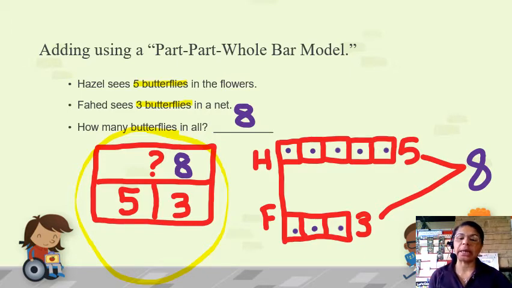So then I went ahead and did a basic bar model to make sure that I still got 8. So I created my bar model right here, and I said that Hazel has 5, Fahad has 3, how many altogether? 8. So I integrated a lot of the strategies to make sure that I got the same answer. How many butterflies in all? There are 8 butterflies altogether.